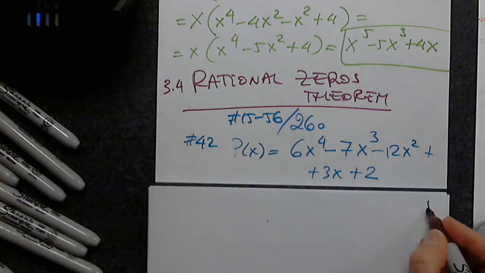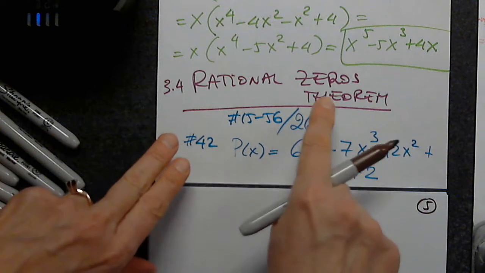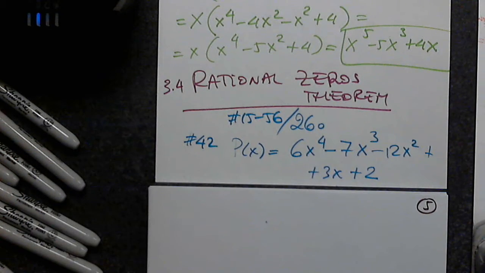So the rational zeros theorem, what is a rational zero? 10 is a rational zero. It's 10 over 1. 1/2 is a rational zero, a ratio. 2/3 is a rational zero, and so on and so forth, including integers.